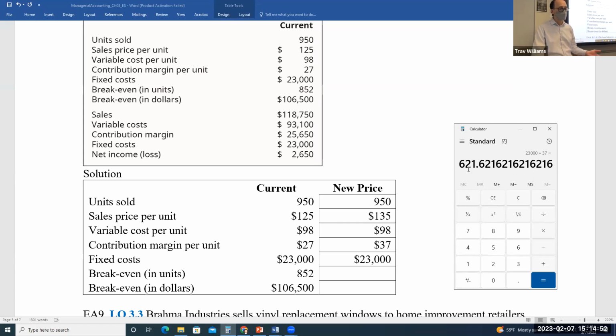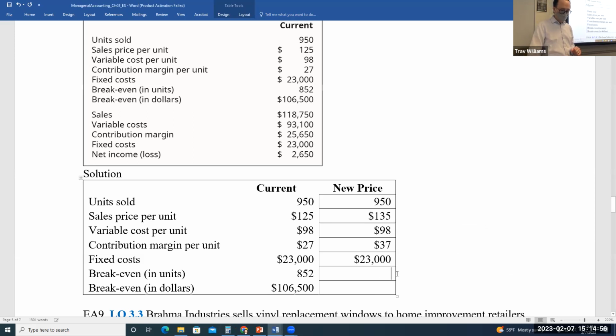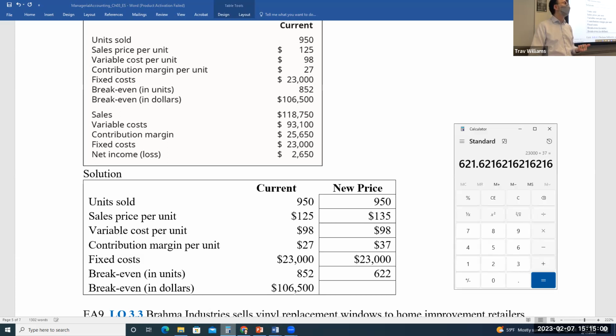So when it comes to break even in units, just always round up. So now we need 622 units, which is much better than the 852 we had before. So that 8% change in sales price means 230 fewer units to break even.